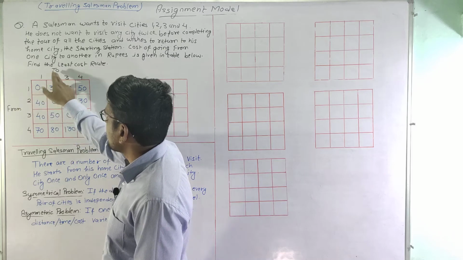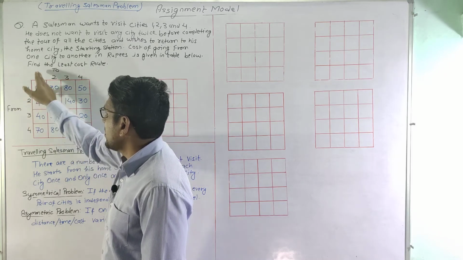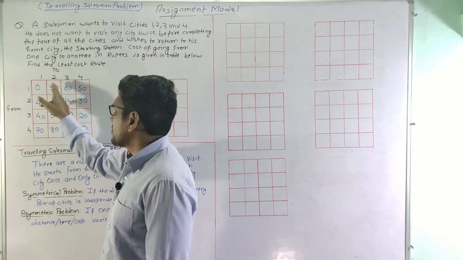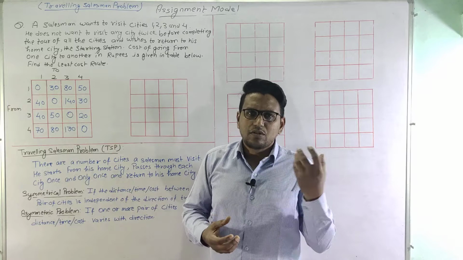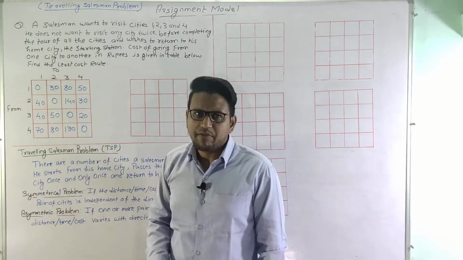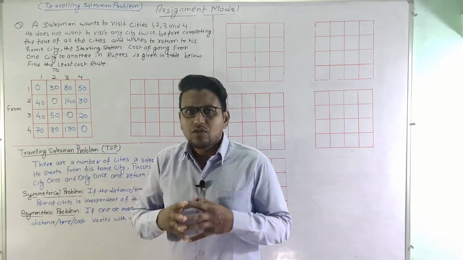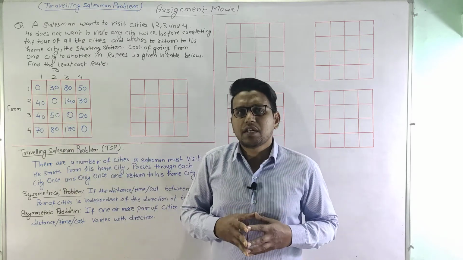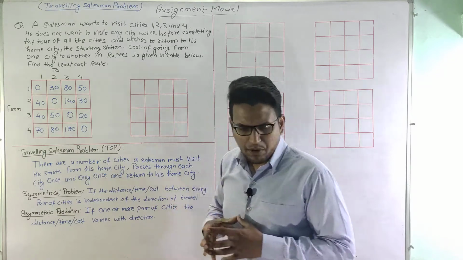Suppose from 1 to 2 the cost is 30 and from 2 to 1 the cost is 40. Then there is a difference in the cost while returning, so this is an asymmetrical type of problem. If both the costs are the same, then it will be a symmetrical problem. Okay, so let us start solving the problem.